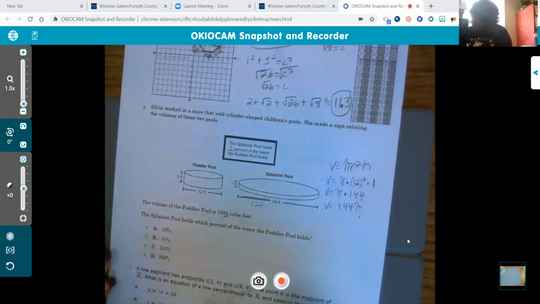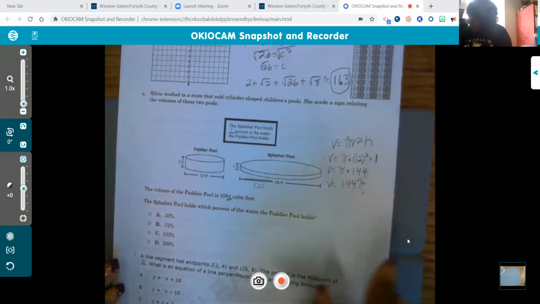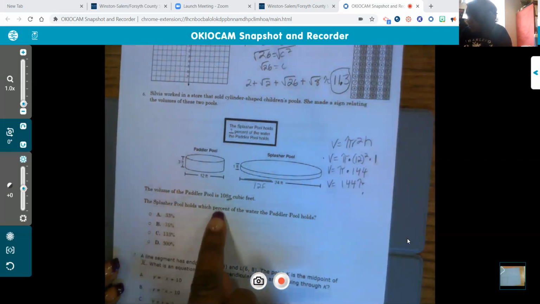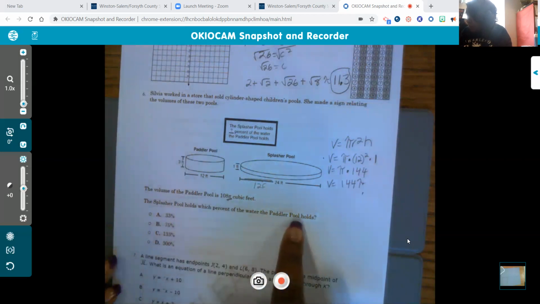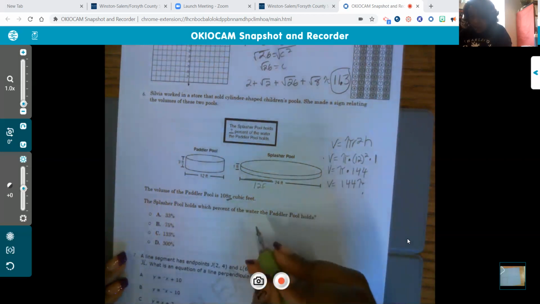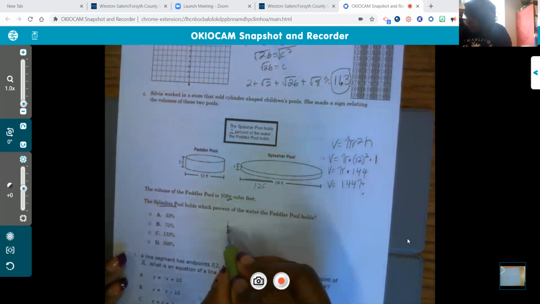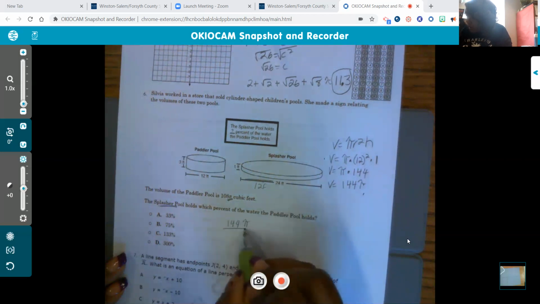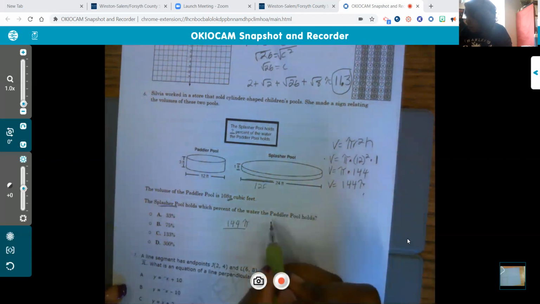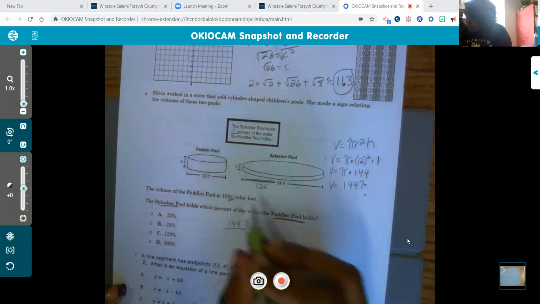So you want to figure out what percentage, it says the splatter pool holds which percentage of the paddle pool. The splatter pool was talked about first, so that's going to be on top. So the splatter pool is 144 pi. And the paddle pool is on the bottom, it was talked about second.